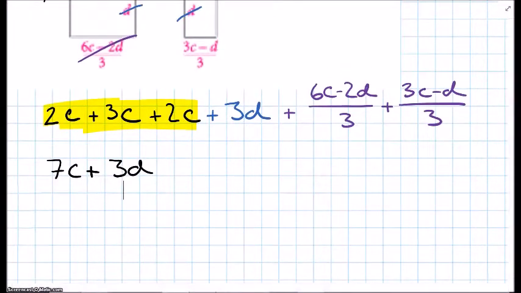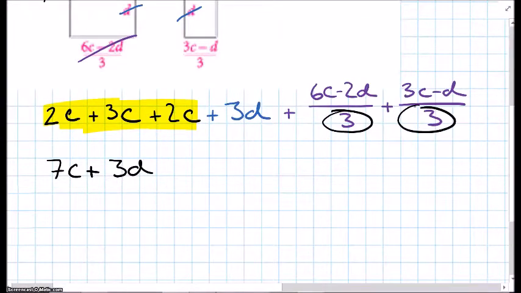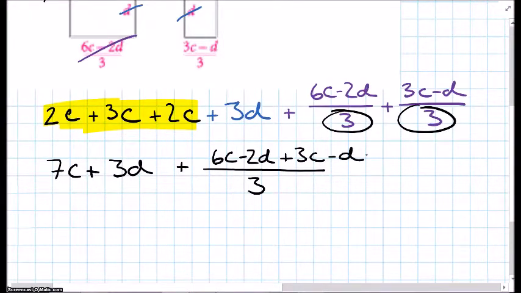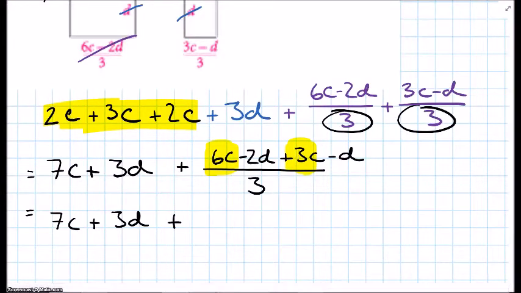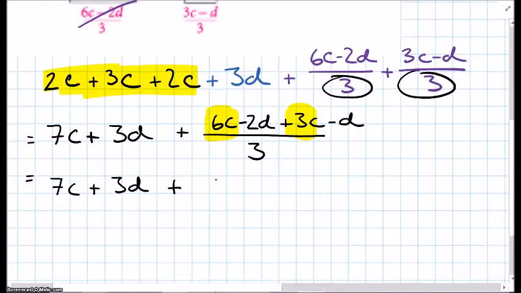Now, on the right side, since the denominators are the same, we can just put plus all over 3. 6C minus 2D plus 3C minus D. So we can rewrite this as 7C plus 3D plus, now we'll add like terms, so I have a 6C and a 3C, so that would be a 9C.